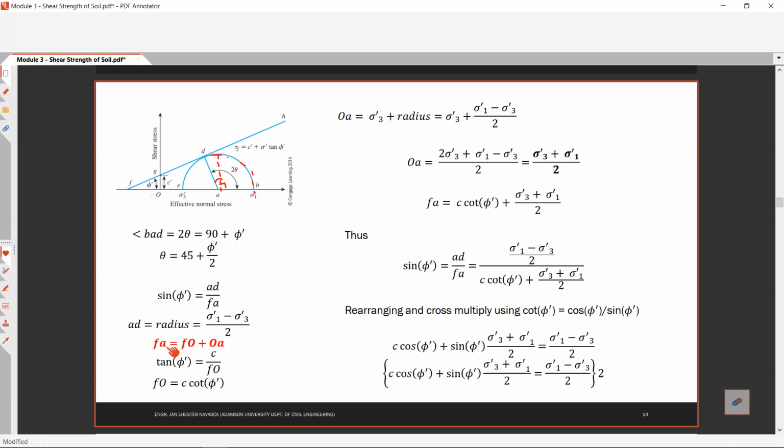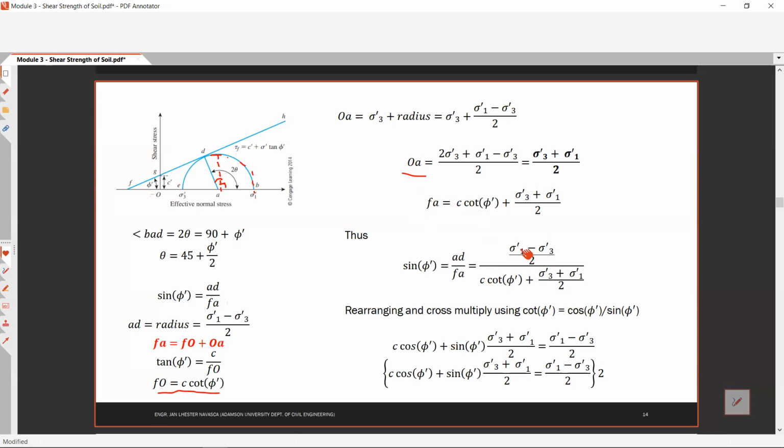So now the FA. Since we have FO plus the line OA, therefore our FA value is c cotangent phi prime plus sigma prime 3 plus sigma prime 1 over 2. Thus, our sine phi prime, AD over FA, is equal to the radius over the line FA.